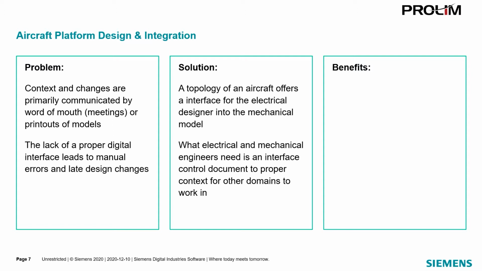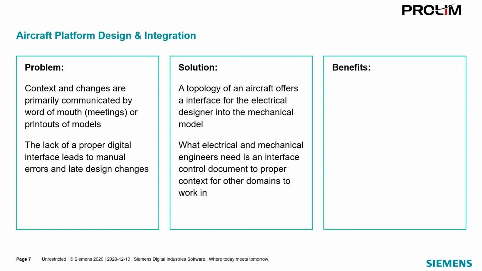And then instead of going back and emailing those changes, they can send back to the mechanical engineer the proper information, because they have the context of the mechanical interface that they're designing in with their electrical solution. They can send them back the proper information so that the mechanical engineer can now update his design to properly reflect that.